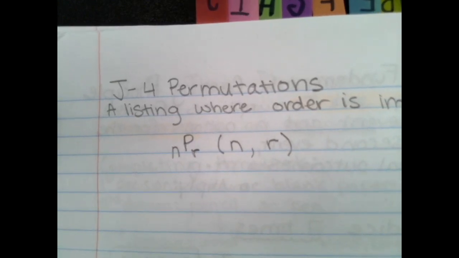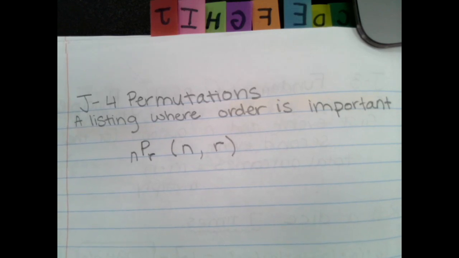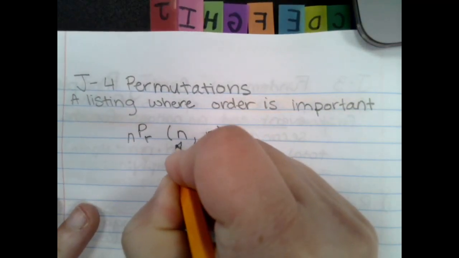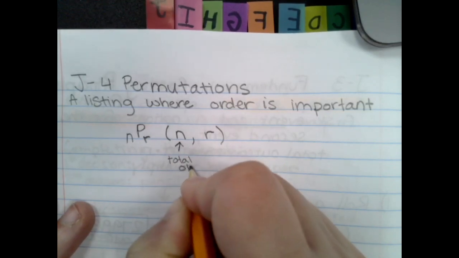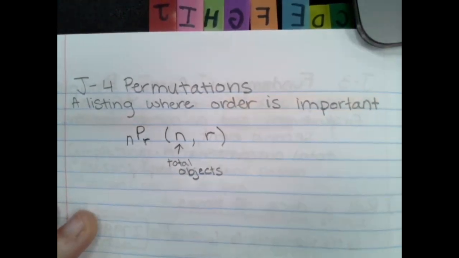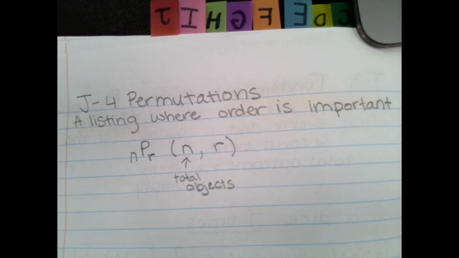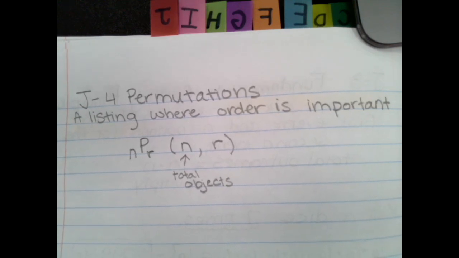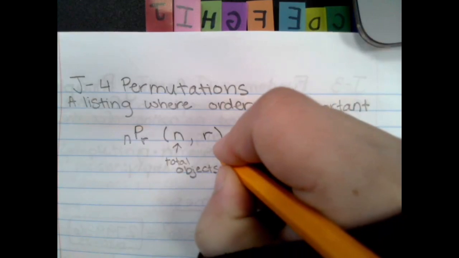This looks silly right now, because you're wondering what these n's, r's and P's are. P stands for permutation, n stands for our total objects, and r stands for the amount that we need.